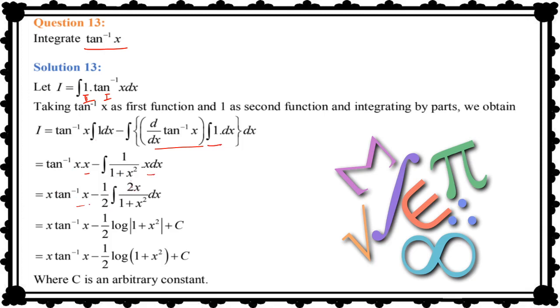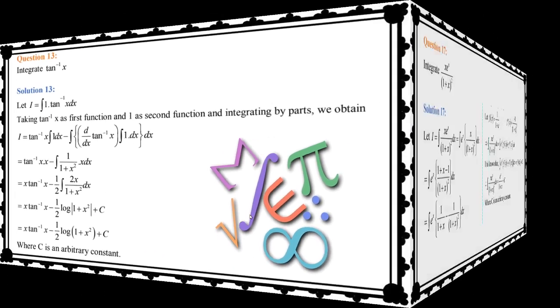We are multiplying and dividing by 2. So 2x upon 1 plus x square, because now it is the substitution method, but we don't have to write it, you can do it yourself in your mind orally. Derivative of the denominator is here in the numerator, so its integral will be log of 1 plus x square, right? We have written it here, and this is the answer.